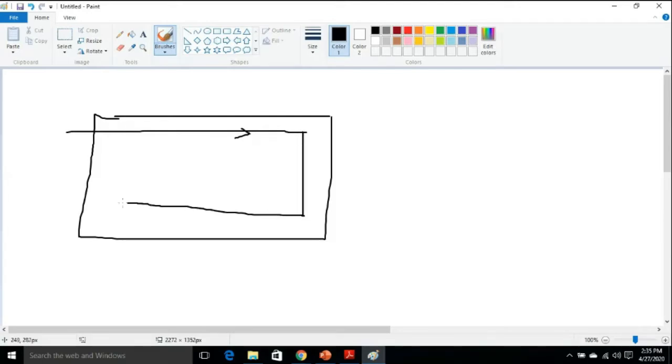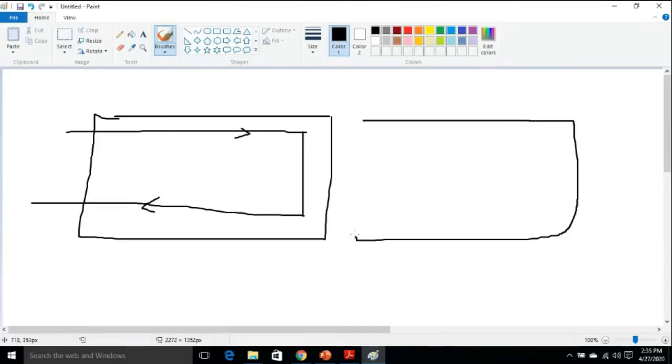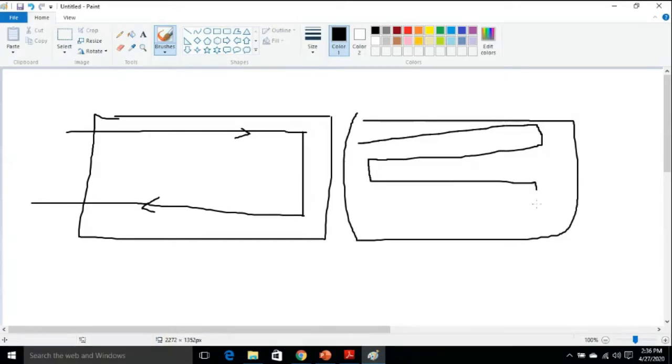This is the first pass, and this will be the second pass. This is what we mean by 2 passes. If they are saying single shell and 4 passes, it means first pass, second pass, third pass, and the fourth pass. So the fluid is going to move something like this. Is this part clear to everyone?